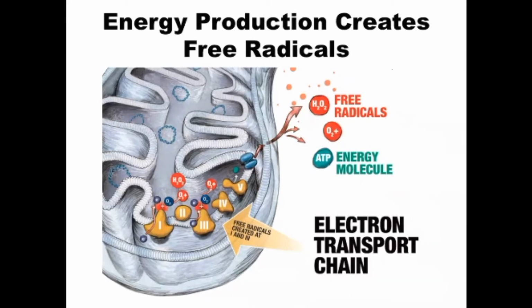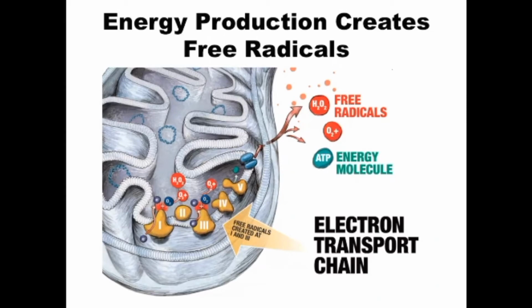For instance, if you have a cut or a scrape or an opening in your skin from a bug bite or a scratch or whatever, your immune system will use these free radicals and send them straight to that area to destroy those invaders that could be coming in through your skin.